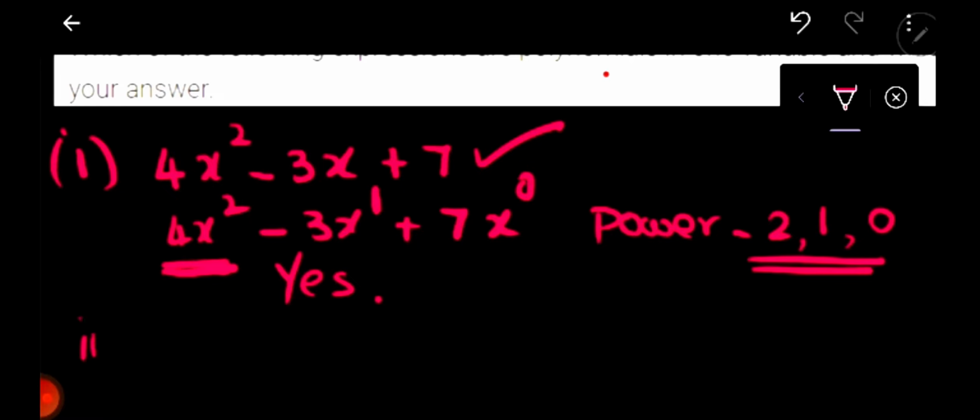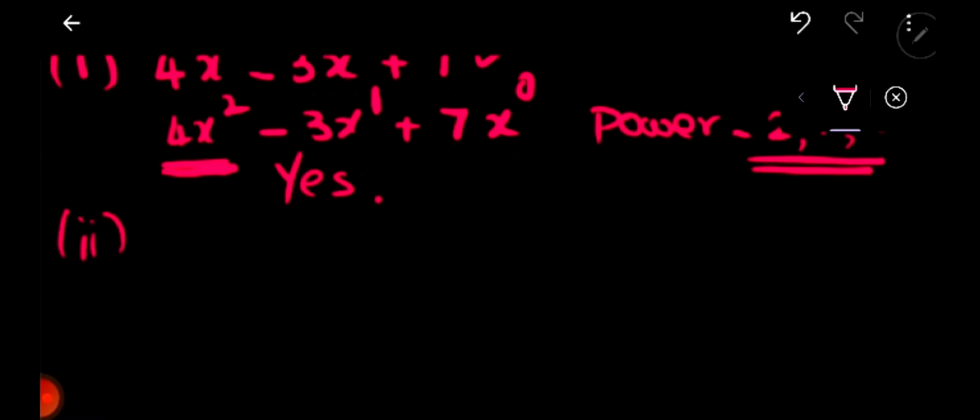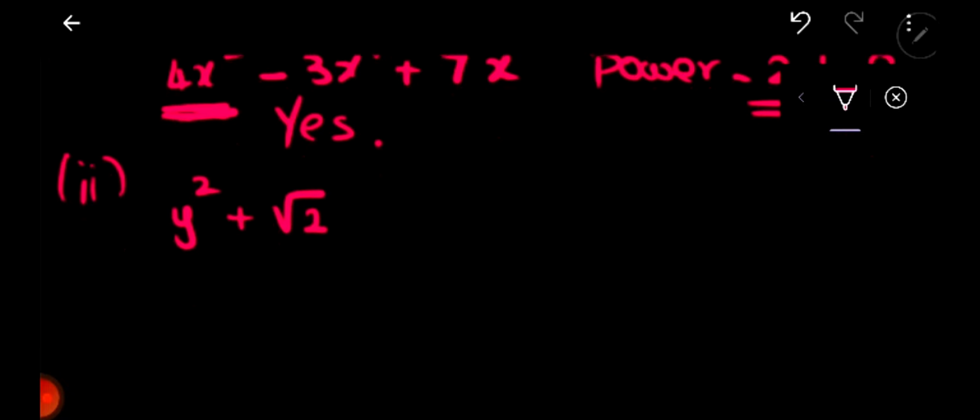Second question. y squared plus root 2. We can rewrite y squared plus root 2 as y squared plus root 2 y to the power 0.